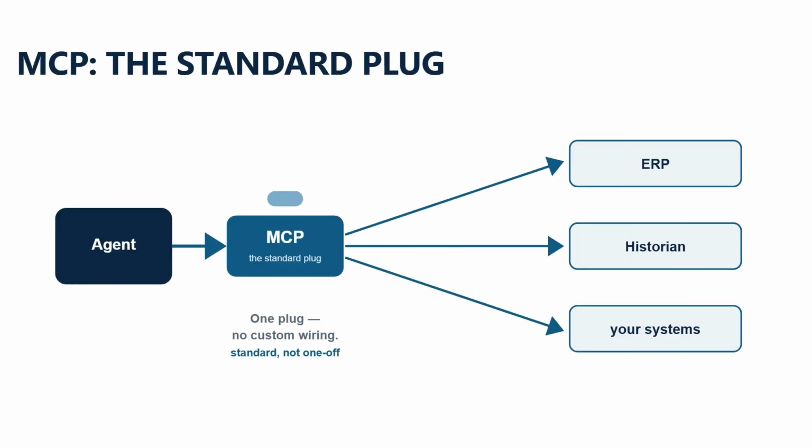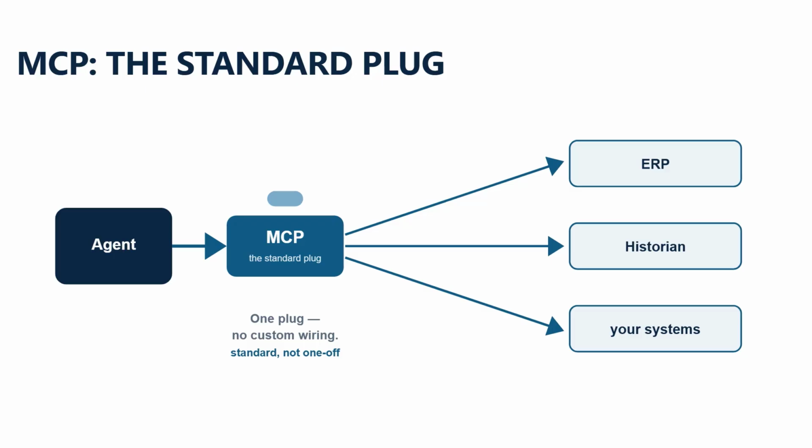Piece 2, how the agent actually reaches those tools. That is MCP, the Model Context Protocol. Think of it as a tool the agent uses to reach your systems. One standard connector. The easiest way to picture it, it is the USB-C port for AI. Without it, every connection to every system is its own custom, fragile wiring job, slow to build and slow to change.